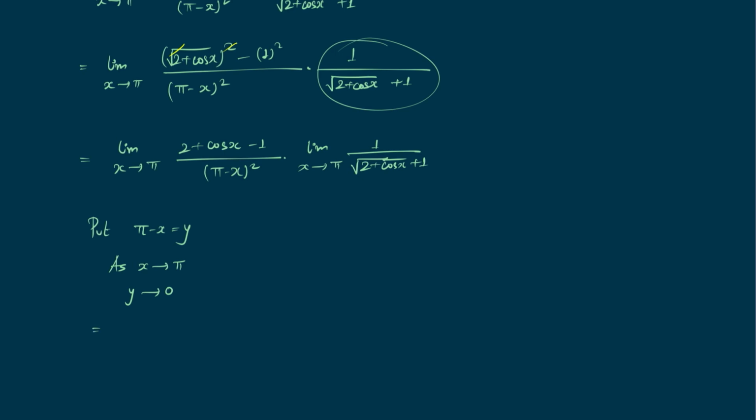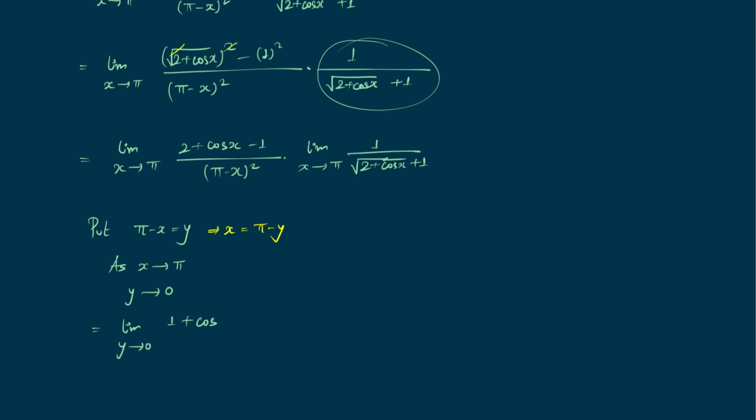So it will be limit y tends to 0, and here 2 − 1 will be 1 plus cos x. In place of this x, from this relation I can write x as π − y.